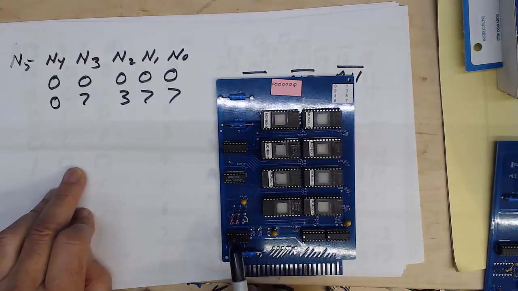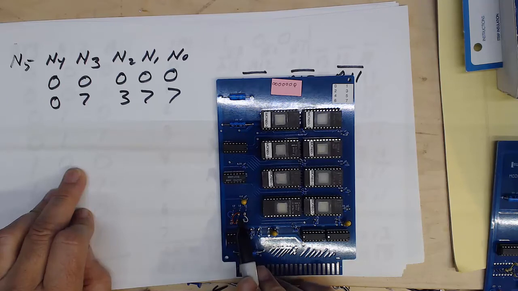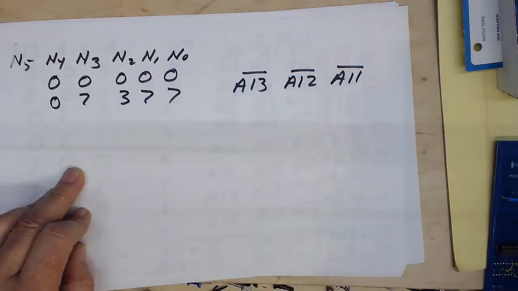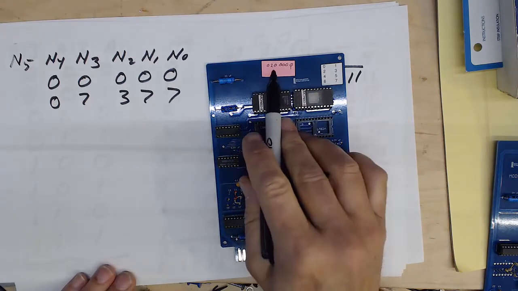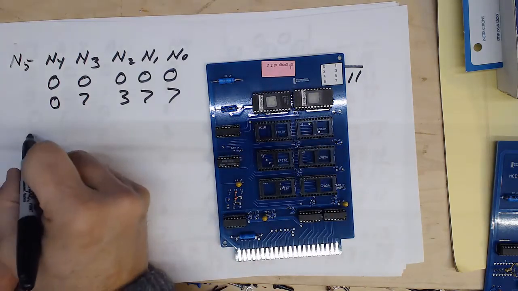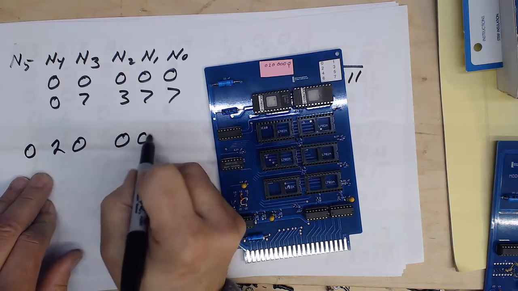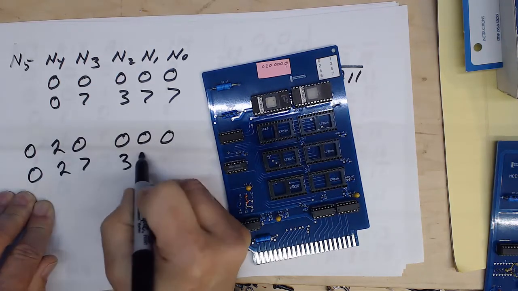That's what I have on this. This is E3, it's connected to 13 bar, E2 is connected to 12 bar, and E1 is connected to 11 bar. Now my other card, this one, I want up at 0, 2, 0. Okay, so we want this to be at 0, 2, 0, 0, 0, 0, up to 0, 2, 7, 3, 7, 7.